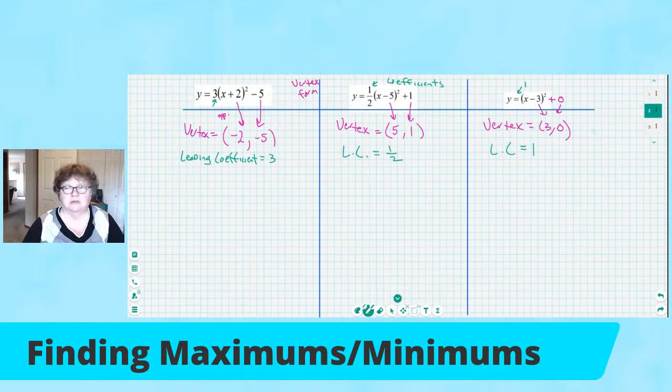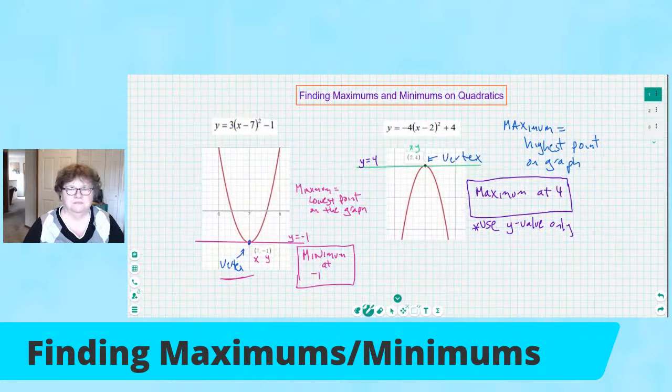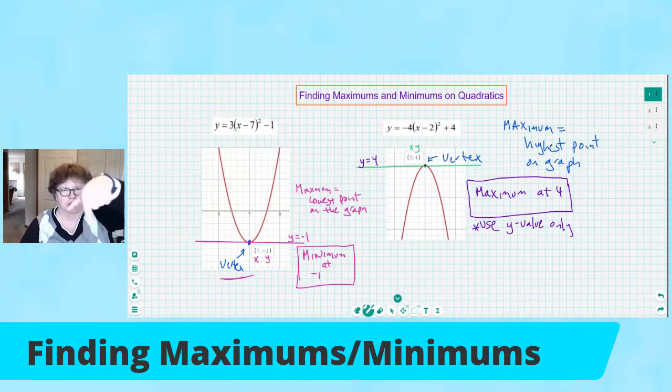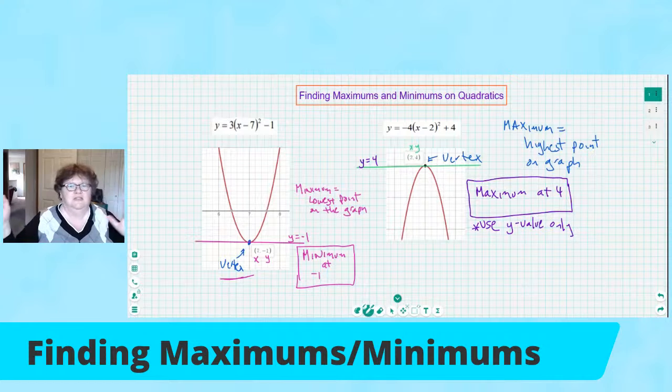So now I'm going to go back to my first page for a second. And I want to look at how we can tell when the parabola opens up or when it opens down. When I was in the classroom, I used to dance this out, but we don't have enough room here. So this is my crazy way of knowing how to do it. The leading coefficient in this first one is 3, right?